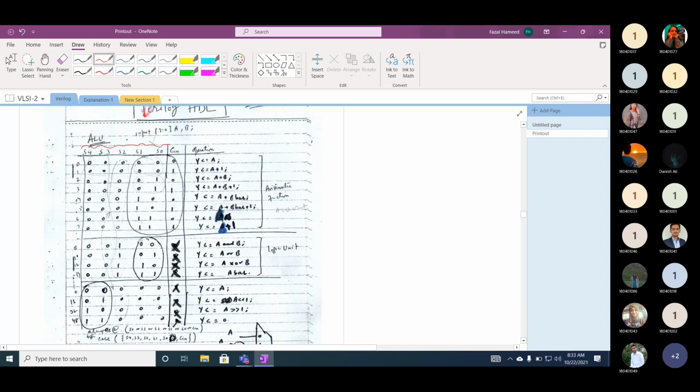What is the size of the opcode? 5 bits. How many operations can be supported? 32. A maximum of 32 operations can be supported. Now you have an additional signal Cin. Let's assume that if you want to instantiate an adder and you want adder functionality, you also need the signal Cin. Okay.